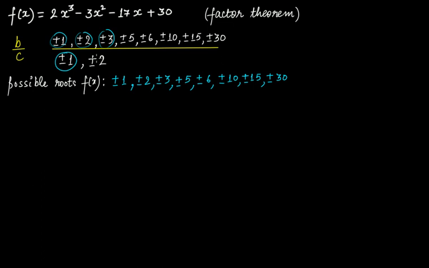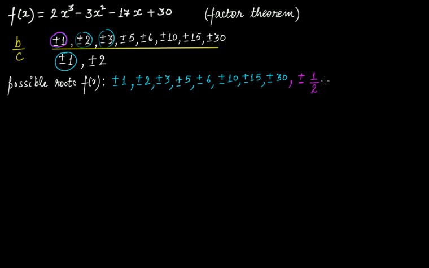Now it's time for plus minus 2. Take plus minus 1, divide this by plus minus 2. So when you divide plus minus 1 by plus minus 2, this b by c will be plus minus 1 by 2.